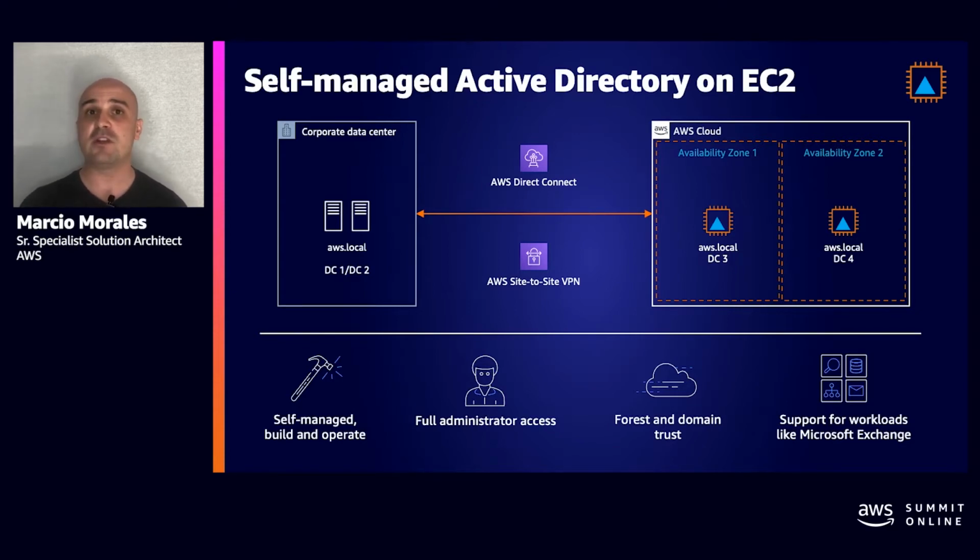So the first thing you need to do is to establish a network connection between your on-premise environment and AWS through a Direct Connect connection or site-to-site VPN. On the AWS side, you are going to launch two Amazon EC2 instances and promote those Amazon EC2 instances as additional domain controllers from your on-premise domain.